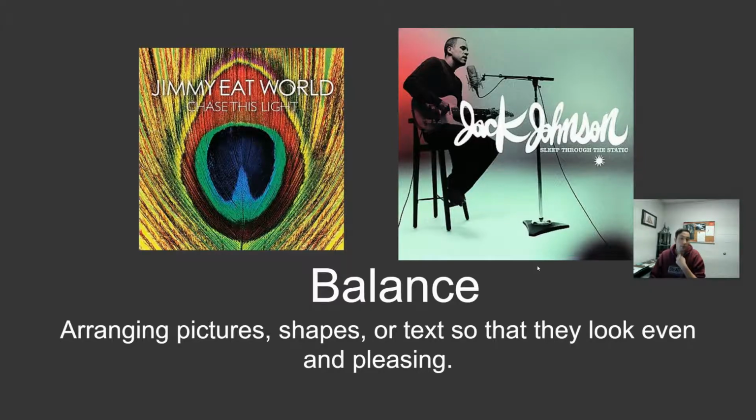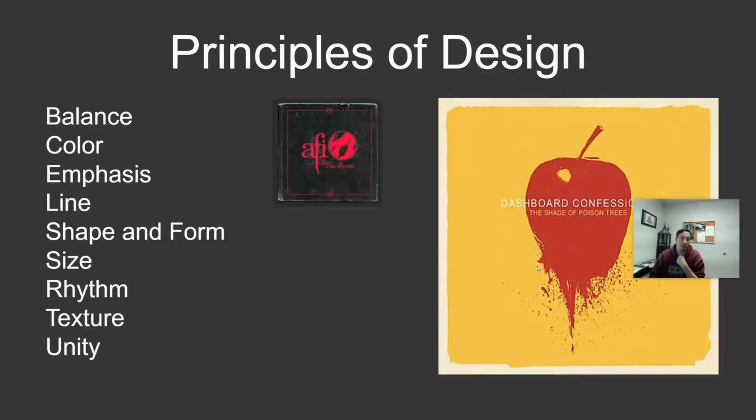Our first principle we're going to talk about is balance. And then we're going to move on to color, emphasis, line, shape and form, size, rhythm, texture, and unity. Each of these principles basically represents the very thing that a designer is looking to do to an image to make it unique and stand out.